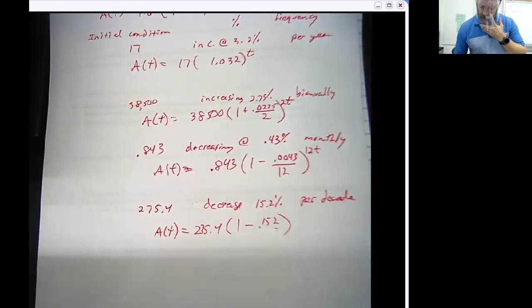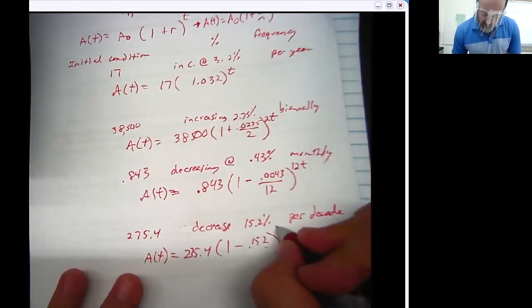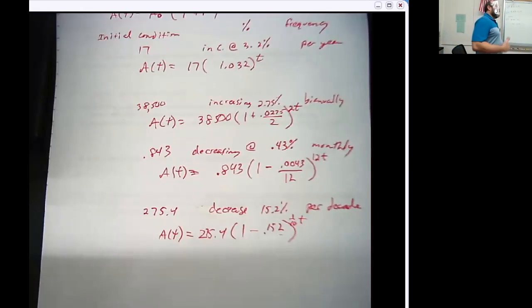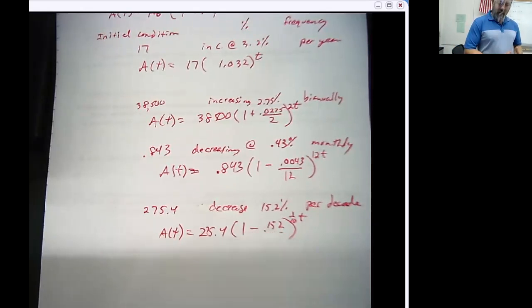Sorry about that. It's supposed to be 1/10 t, because I'm saying at the end of that time, that would have happened. So 1 time every 10 years this occurs is kind of how I'm trying to imply that. I'm not going to actually put that there.